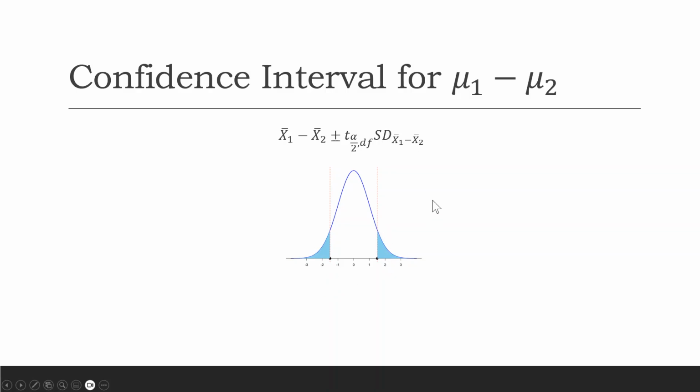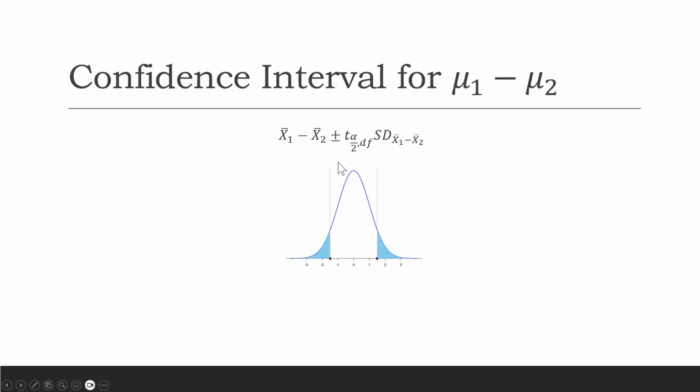So for instance, if I were going to do a 95% confidence interval, then the middle area that I don't have shaded under this curve represents the 95%. This alpha represents the other percentage, which is in those tails. Since the t distribution is symmetric, that's why we have the alpha divided by 2.